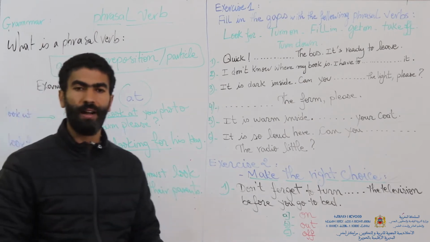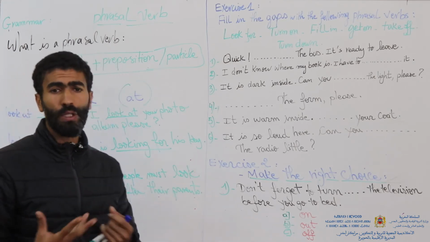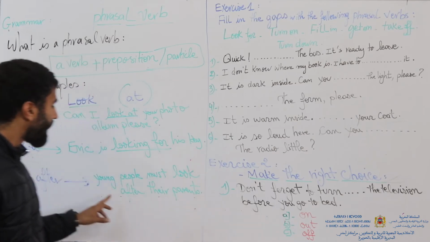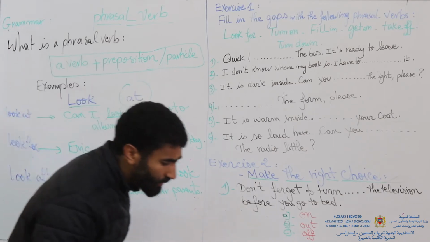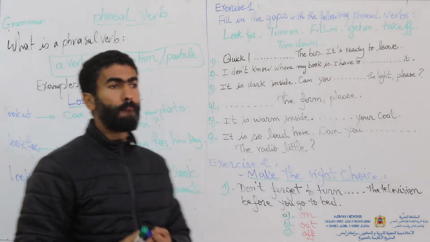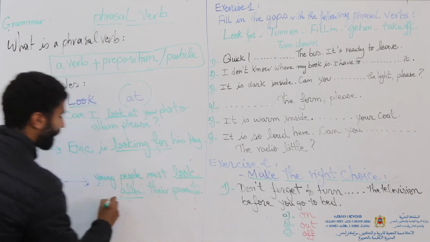So you have to look after your parents, because parents are important, and especially when they get older. So young people must look after them, and that is the phrasal verb.